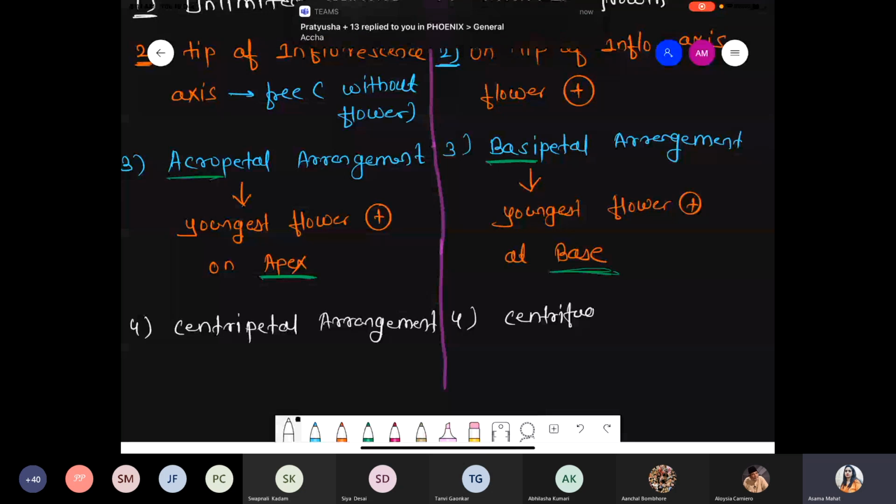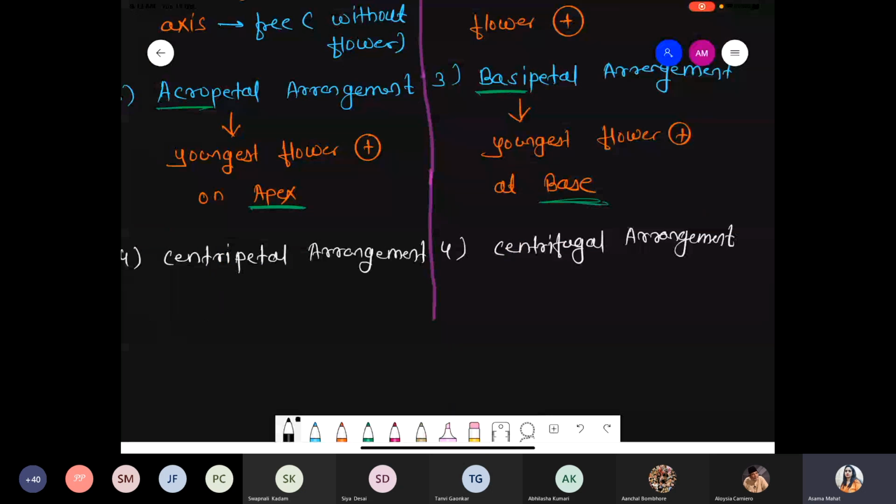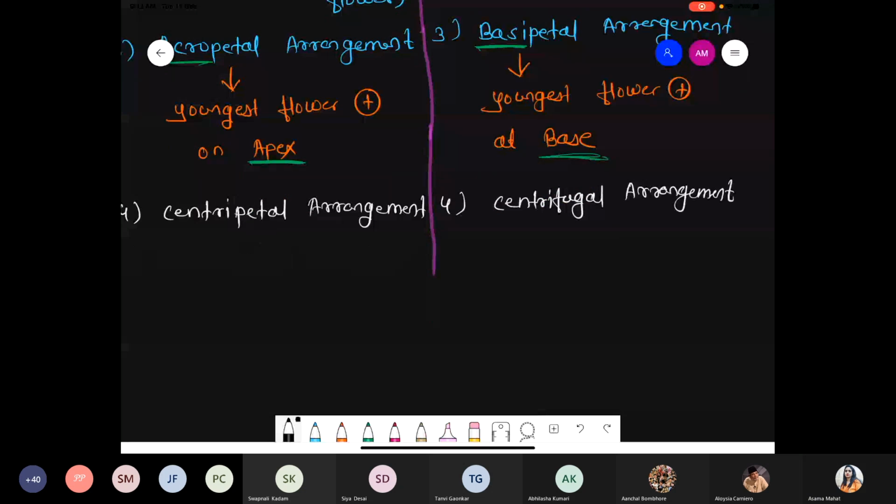You know very well, whenever we talk about centripetal arrangement, it means outer to inner, that is, away from the center towards the center. In the centripetal arrangement pattern, the youngest flowers are present at the center, like this.